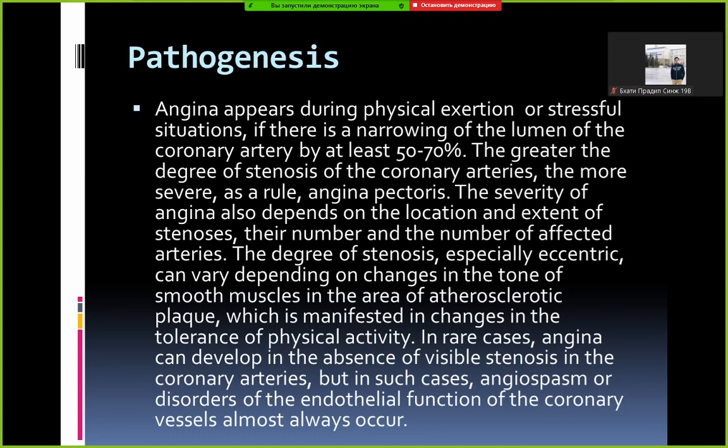The degree of stenosis, especially eccentric, can vary depending on changes in the tone of smooth muscles in the area of atherosclerotic plaque, which is manifested in changes in the tolerance of physical activity. In rare cases, angina can develop in the absence of visible stenosis in the coronary arteries, but in such cases, angiospasm or disorders of endothelial function of the coronary vessels almost always occur.